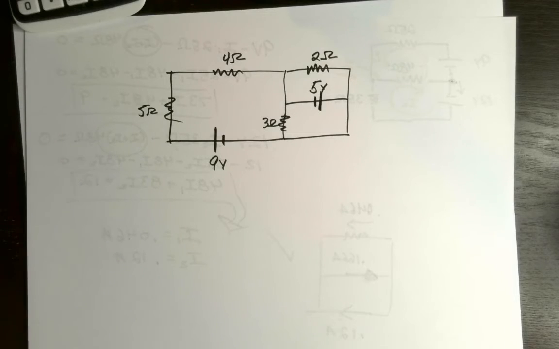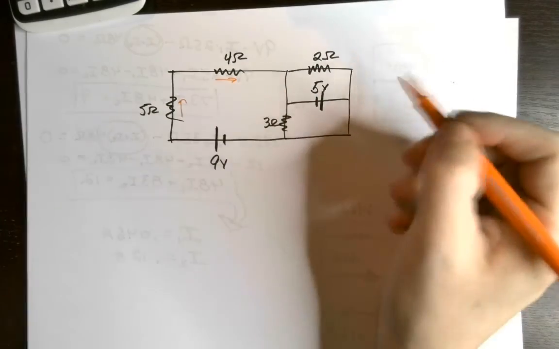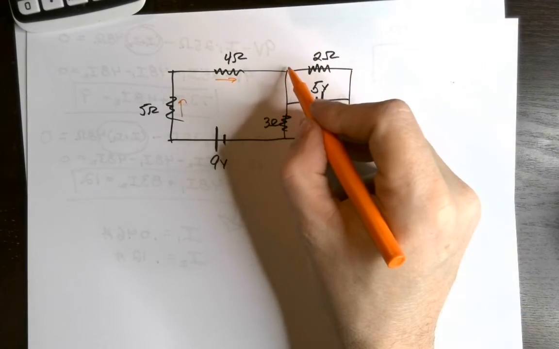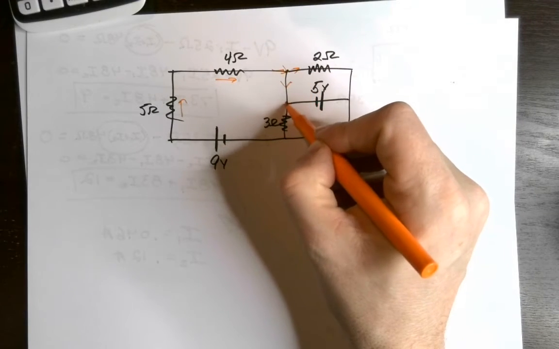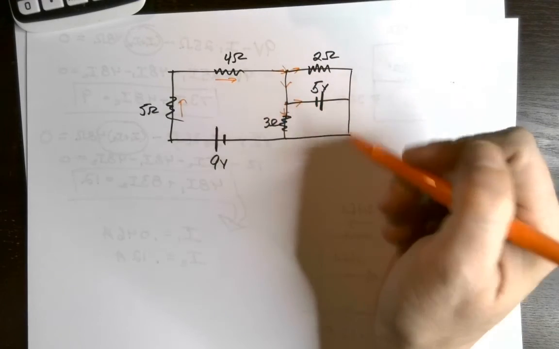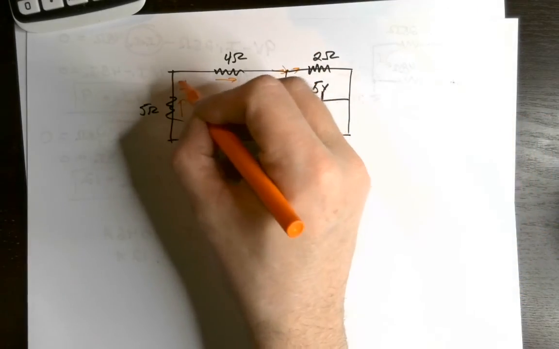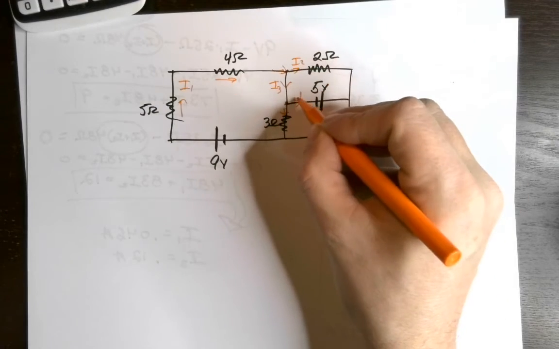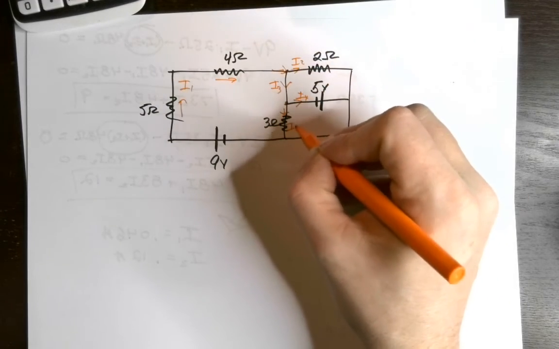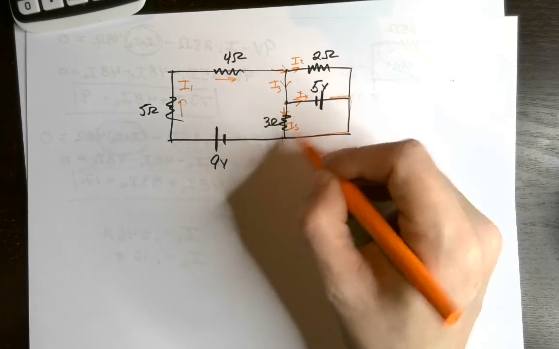I've got a certain current through here, a certain current through here. The current splits here and goes this way and this way. And then when it hits here, it splits again and goes this way and this way. So if I call this I1, I2, I3, I4 is here, I5 is here.